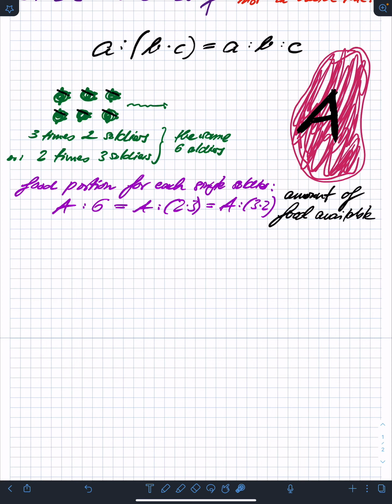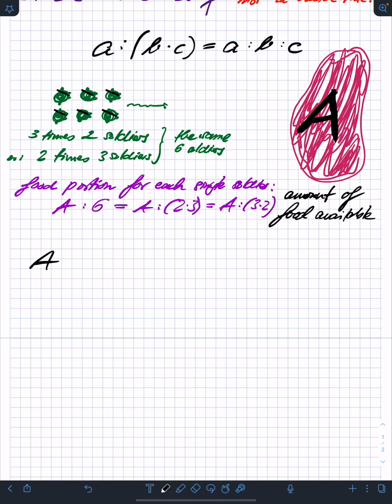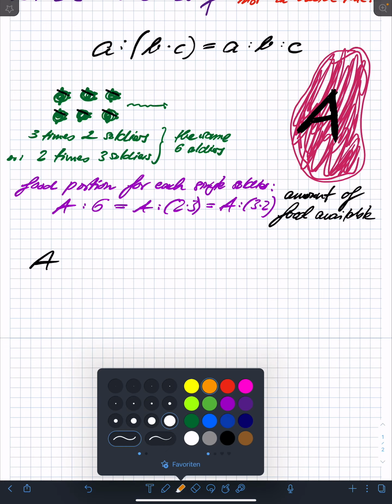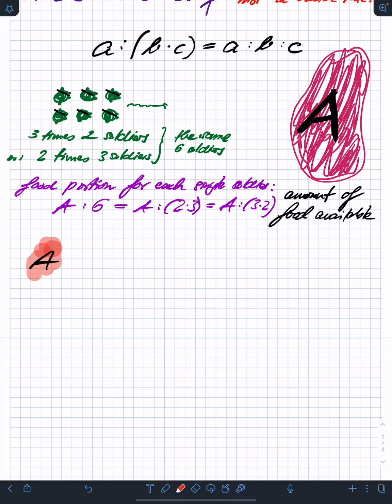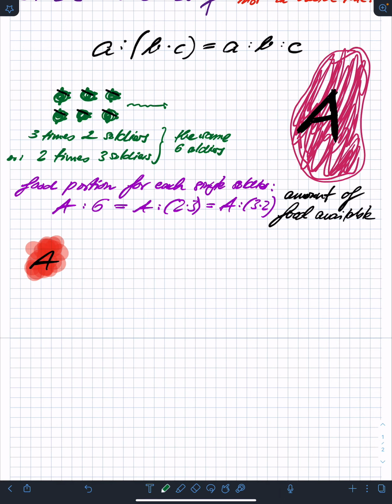You could say that you take your whole amount of food A. Oh, I make it even super colorful for you here. Our amount of food A. And first, you divide it among the 3 pairs.